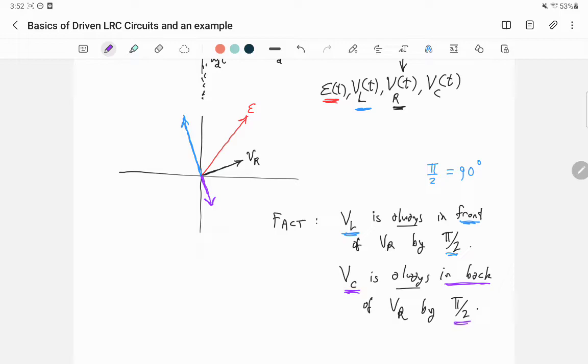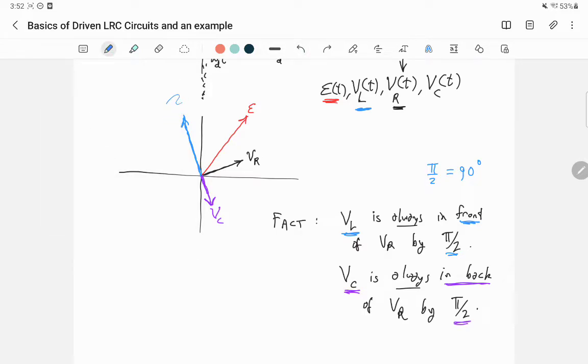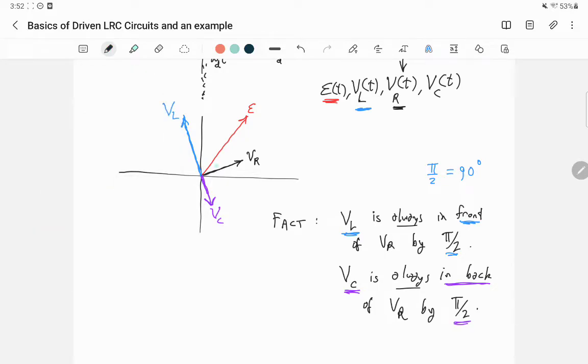Okay. So this is the capacitor voltage phasor. And this is the inductor voltage phasor. Once again, the angle phi is here. All right.